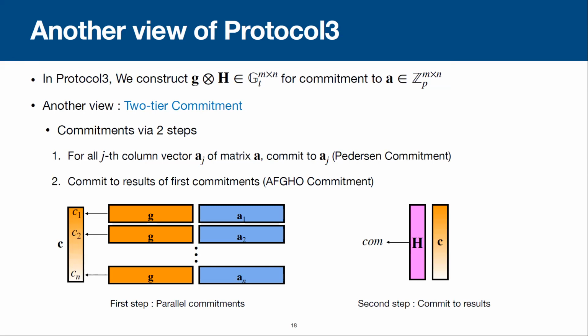First, for all j, take the column vectors of matrix A and commit to the column vectors Aj using Pedersen commitment. After the first step, commit the results of the first commitment using the AFGHO commitment, which uses pairing.